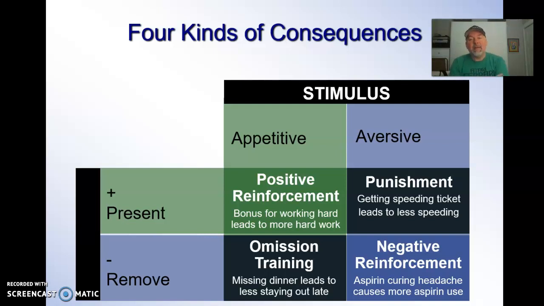Negative reinforcement, if it's reinforcement, it makes a behavior more likely in the future. Okay? So when we're talking about negative reinforcement, what do you think? What can I take away that would make something more likely in the future? Now, again, I have to take away something aversive. So I take away something you don't like in order to make a behavior more likely in the future.